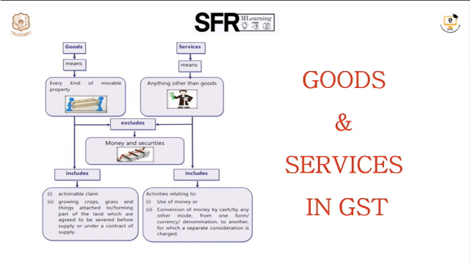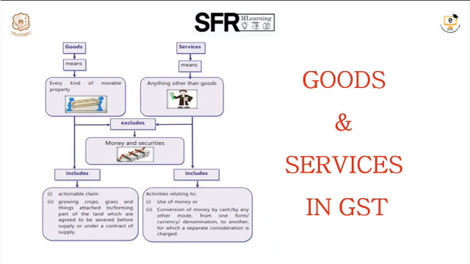It is a movable property which also includes actionable claim, or it can be growing crops or grass or things that are attached to or form part of a land which is agreed to be severed before the supply. And we have to note that goods do not include money and securities.